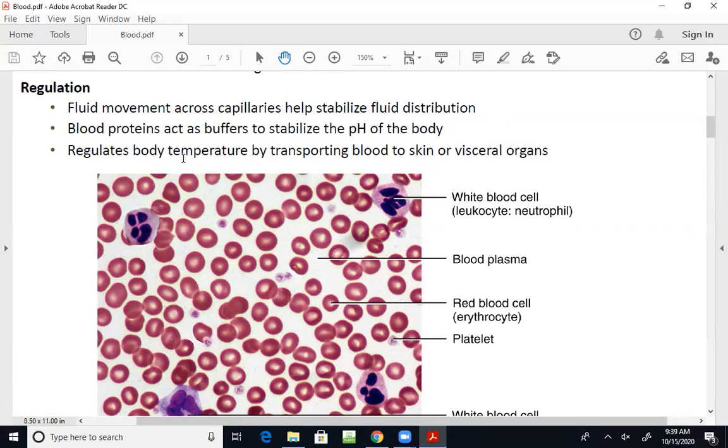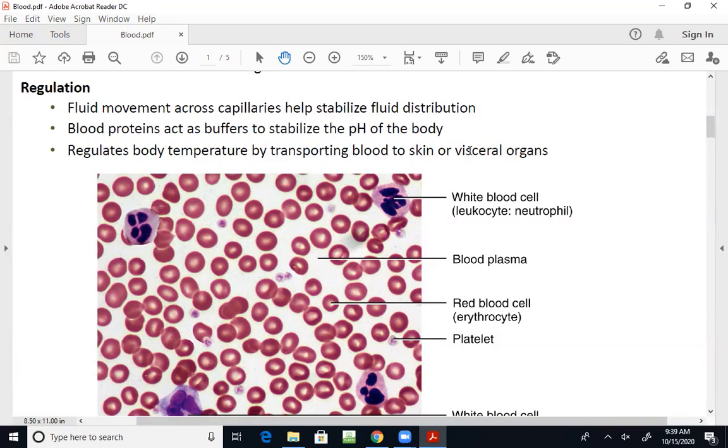And we use our blood to regulate body temperature by transporting blood to our skin or visceral organs, which is something we do when we're hot or when we're cold. For example, when we get really hot, we transport more of that blood to our skin, which is why places like our face get red in color. We're doing so to try to cool that blood by getting it in closer contact with the sweat on the surface of our skin.